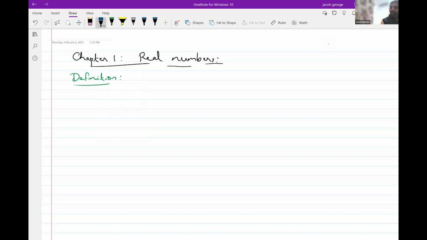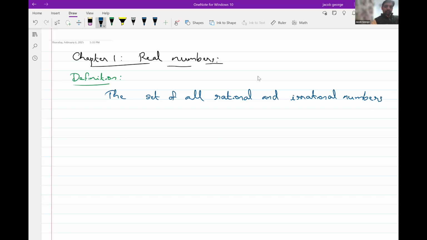Definition. The set of all rational and irrational numbers are called real numbers.